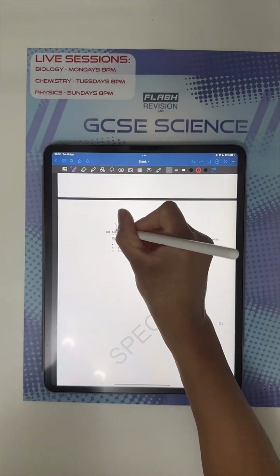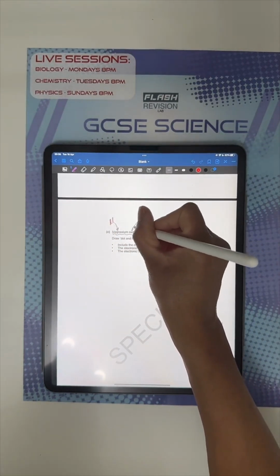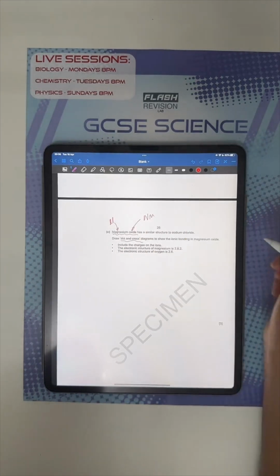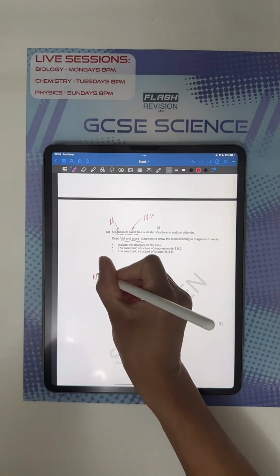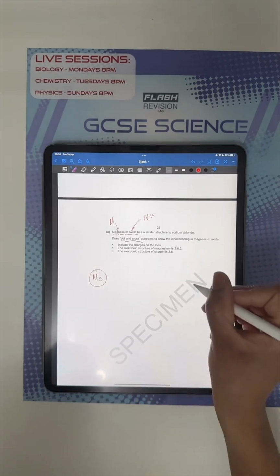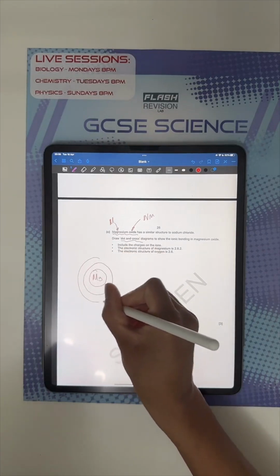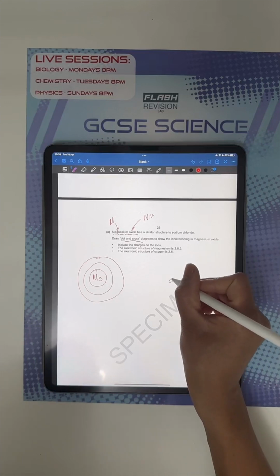We know it's ionic because magnesium is a metal, oxygen is a non-metal, so it's ionic. So for ionic bonding, it's asking for a dot and cross diagram. So what we need to do is draw magnesium as a dot and cross diagram. And also we need to draw oxygen as a dot and cross diagram.